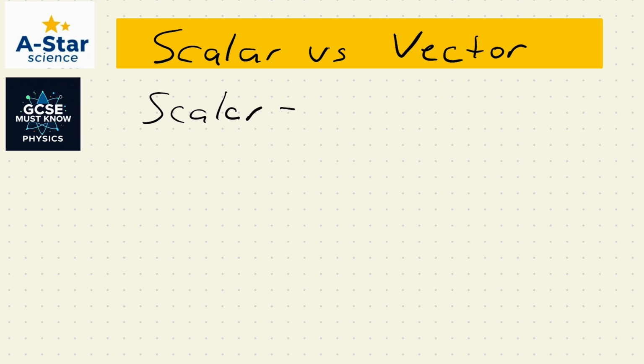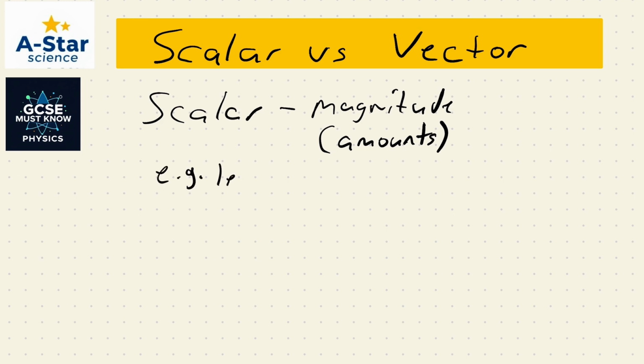These are quantities that have magnitude only. By magnitude, we mean basically amounts. So for example, these are things like length, which is measured in centimeters or meters.